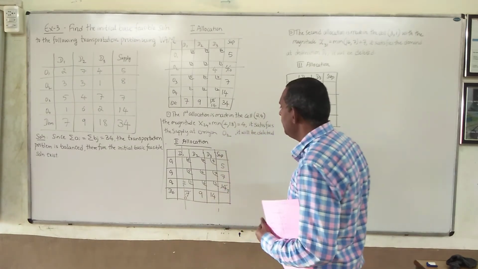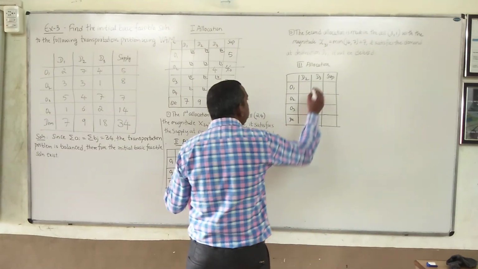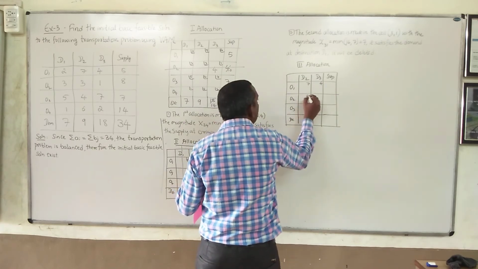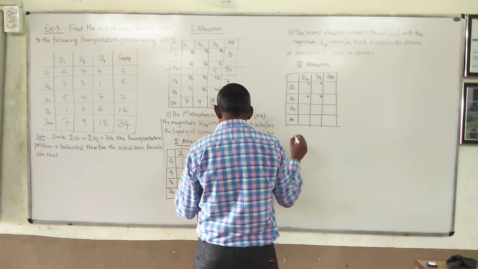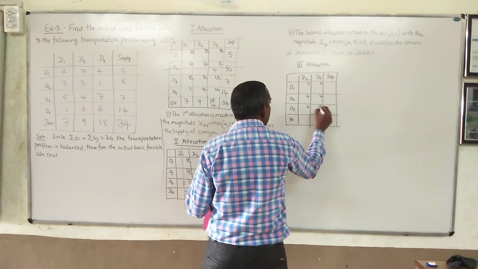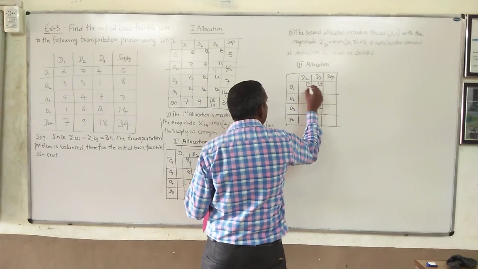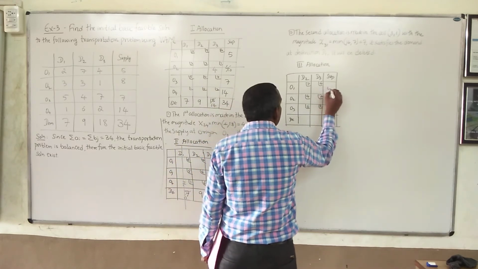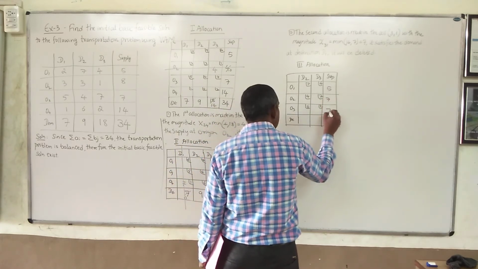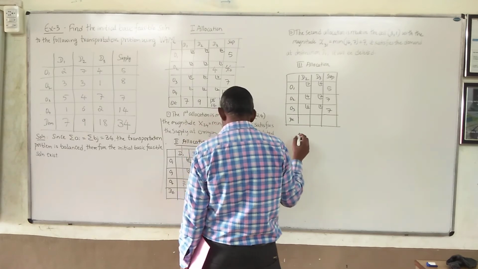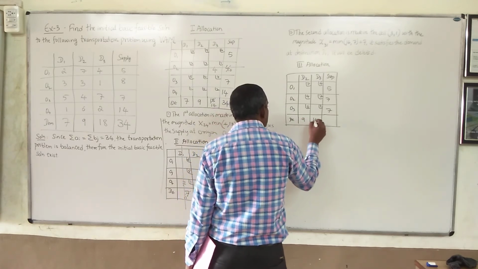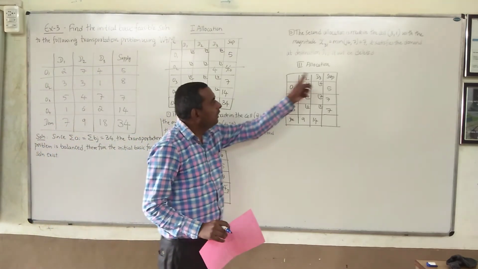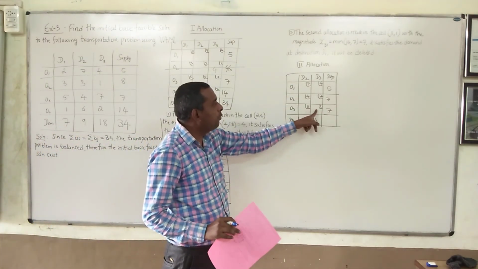So what happens here? It is 7, 4 and it is 4, 7 and 6, 2. And the respective supply is 5, 7 and 7 and the demand is 9 and 14. Fine. So which is the smallest cost here? This is the smallest one.